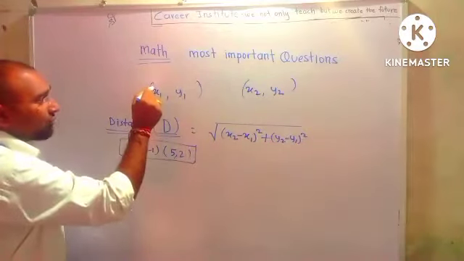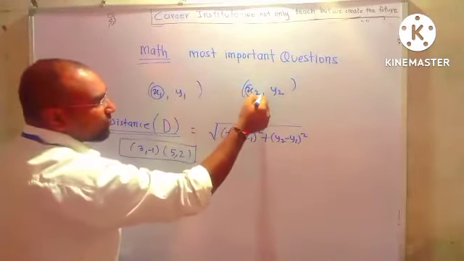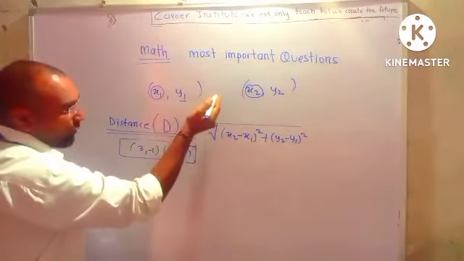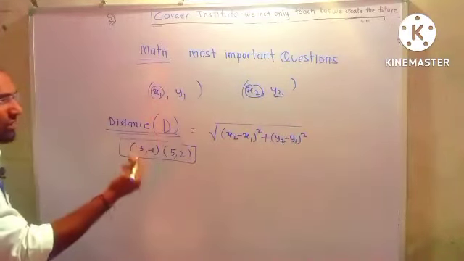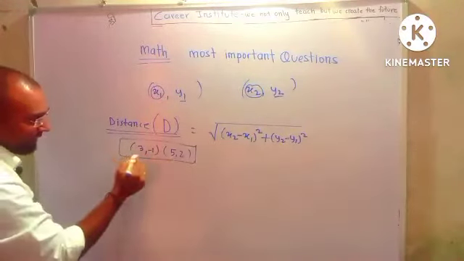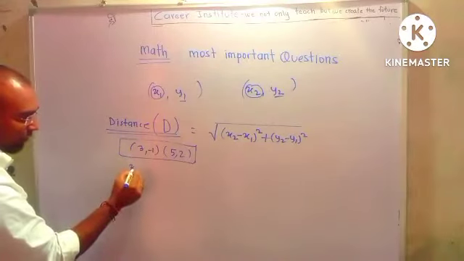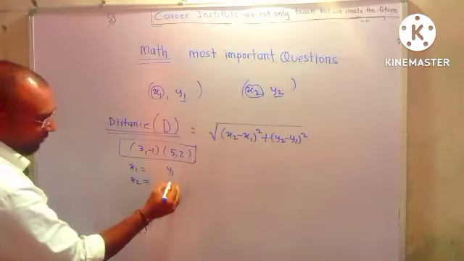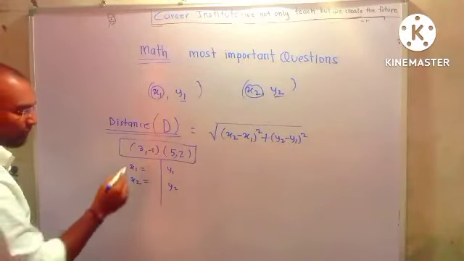Which one is x1? The first one in the first bracket is x1. From the second bracket, the first one is x2. From the first bracket, the second one is y1, and from the second bracket, the second one is y2. So in this question, what's the value of x1? 3.